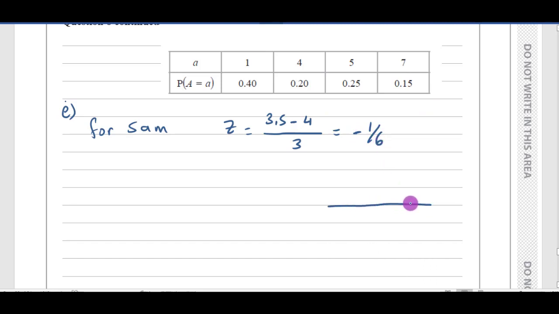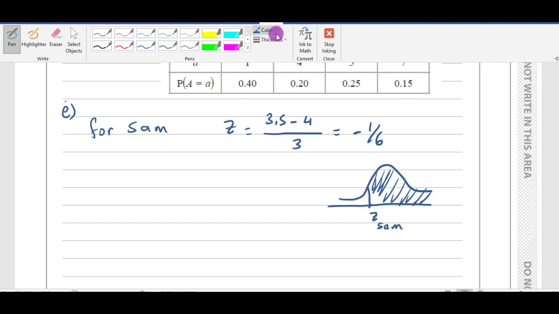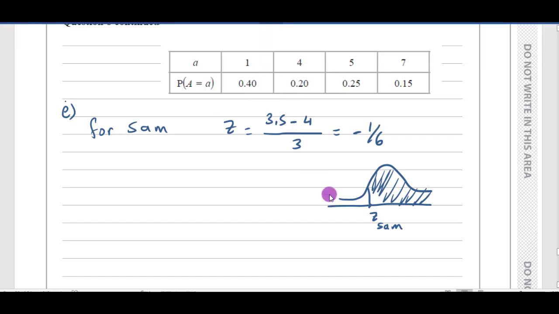To understand this value, let us see. Now here is the Z of Sam, and this is the probability of Sam. Now to make Tim win, the probability must increase, so Tim must be here, because he would have more probability to win. So now I can write, this is the Z of Tim.